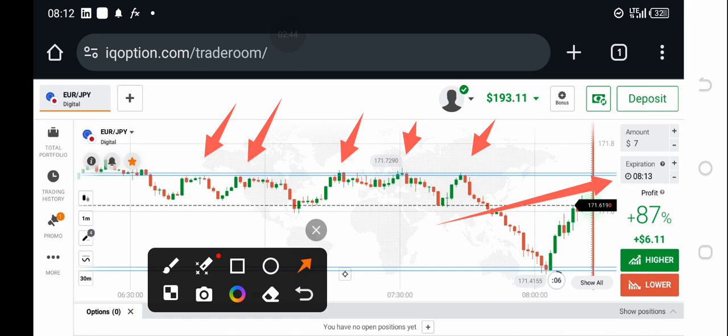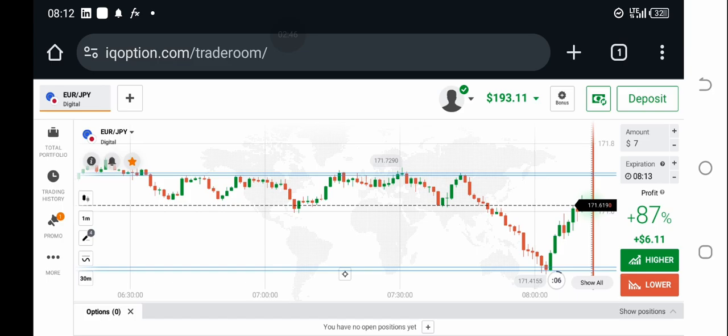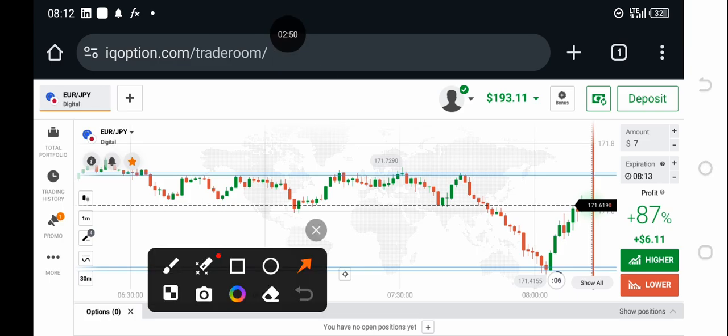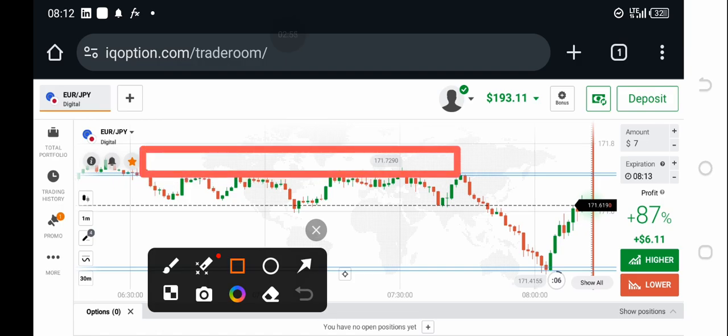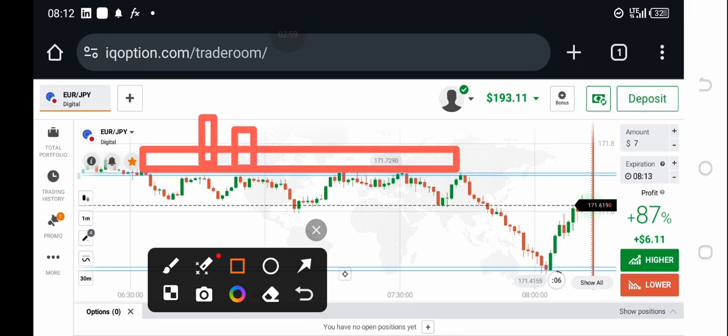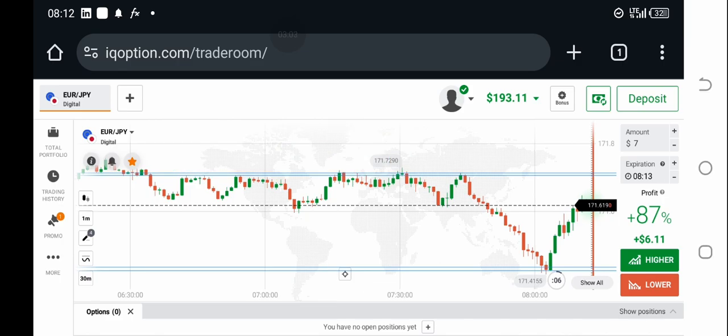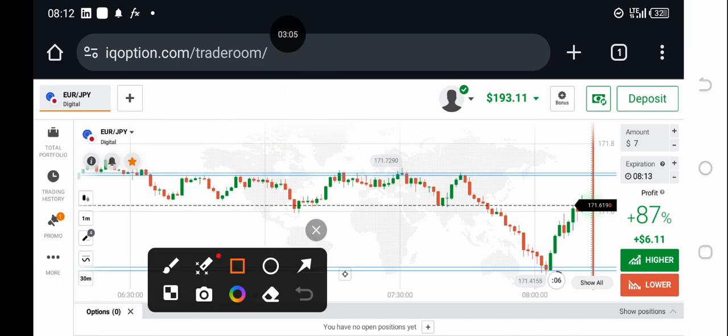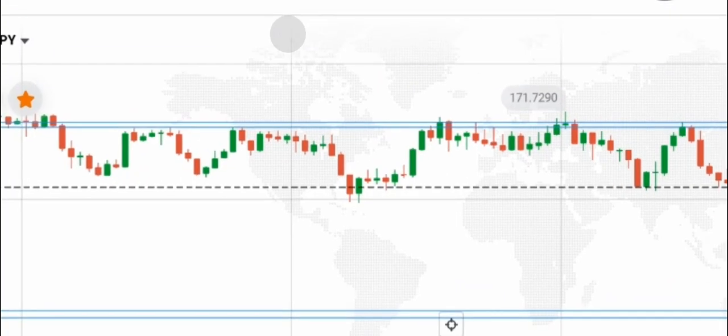For this particular situation, you can see that this entire area is a strong level of resistance. Resistance means a seller's area. You can see sellers' continuous entry. Sellers entered at that area, so a strong level of resistance. Then look at the entry point. Let me zoom out.